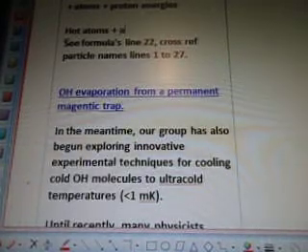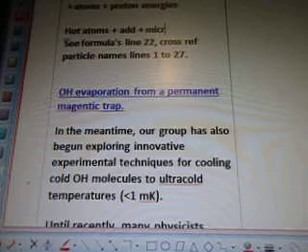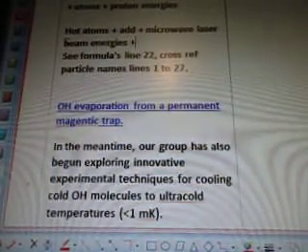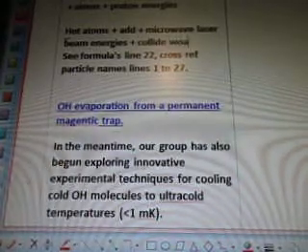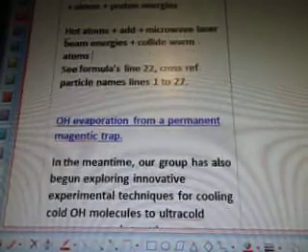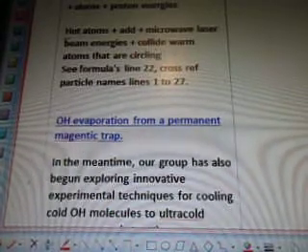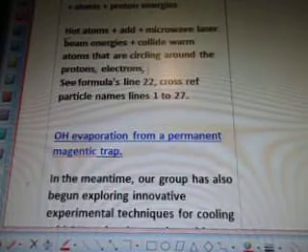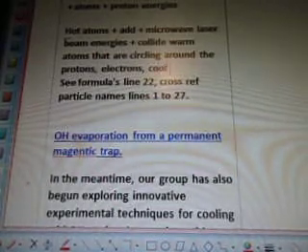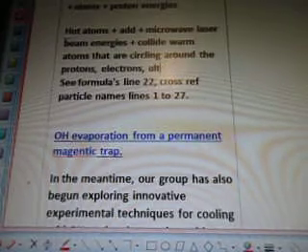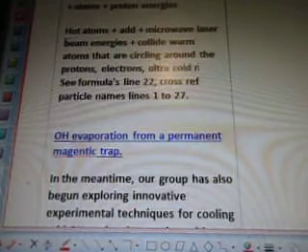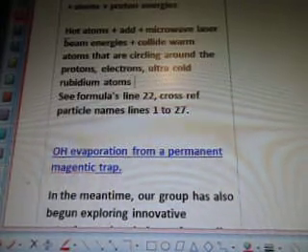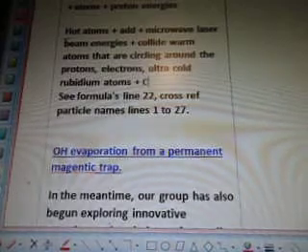We're going to add microwave laser beam energies, and this will collide the warm atoms that are circling around the protons, electrons, and ultra cold rubidium atoms, and then we have the C60 laser.